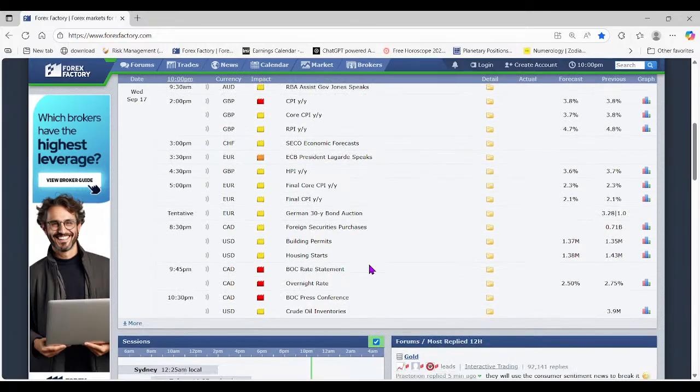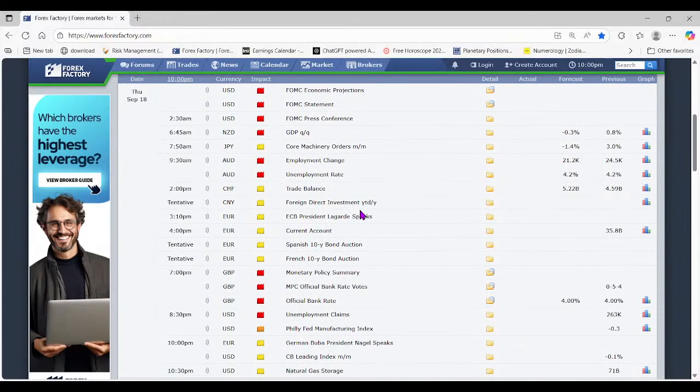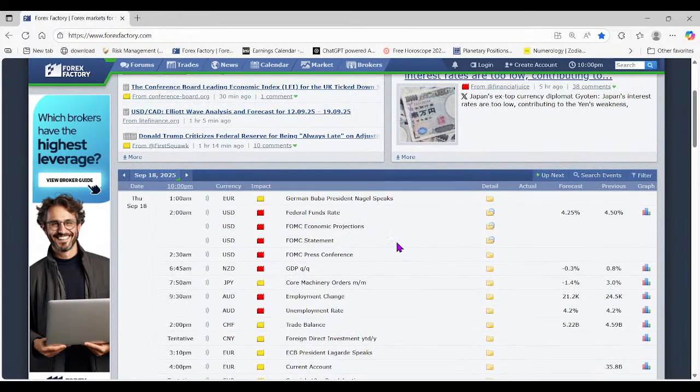Okay, next week Wednesday we have a BOC rate announcement, which the Bank of Canada is expected to cut by 1/4%. Yeah. So next Thursday we have a federal funds rate, which right now they are pricing in as 1/4%.